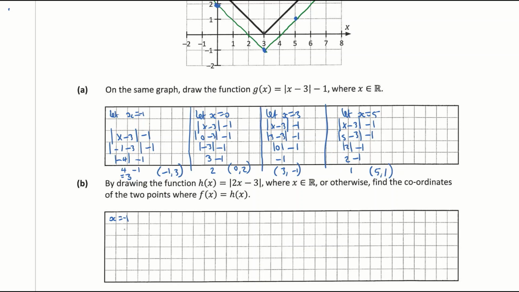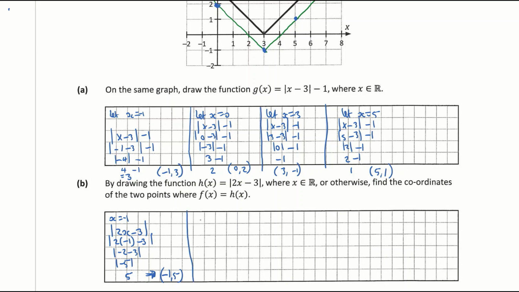And I'm subbing them now into h of x, and h of x is modulus of 2x minus 3. So I get, subbing in minus 1, 2 times minus 1, subtract 3, gives me minus 2 subtract 3, which is minus 5, modulus, which is positive 5. So my couple there, or my point, will be minus 1, 5. So I'm going to do that the whole way up to maybe 4.